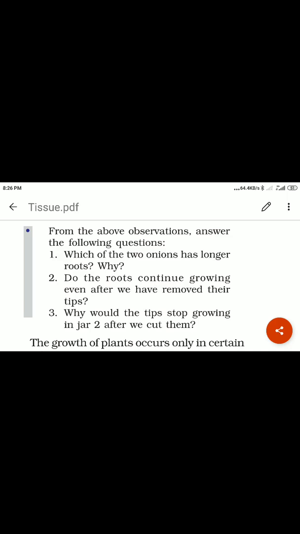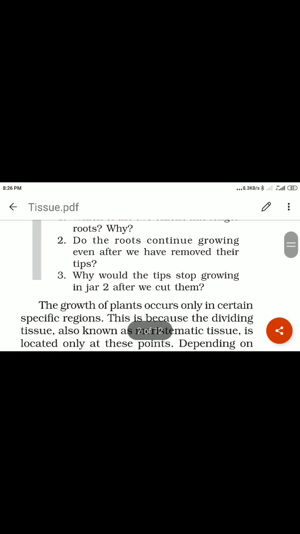On the second day we cut the roots of the second onion. After that cutting, we observed growth only in the first jar, because the root absorbs water and grows there.